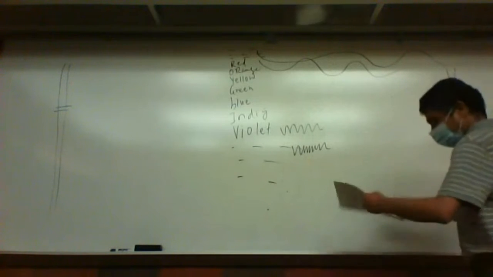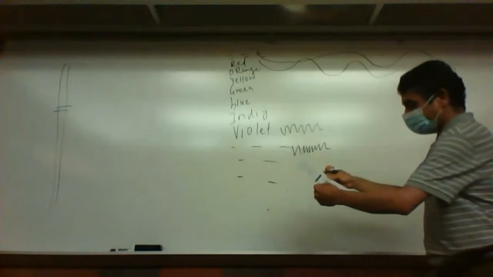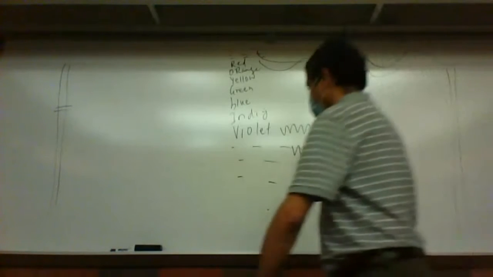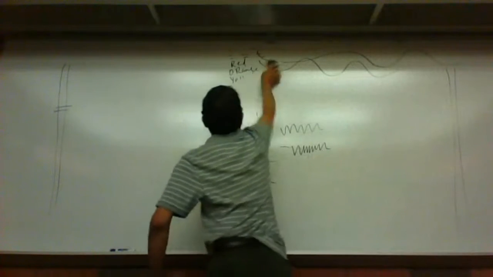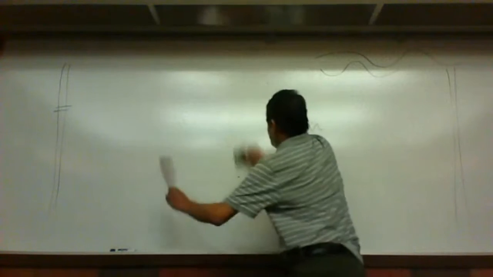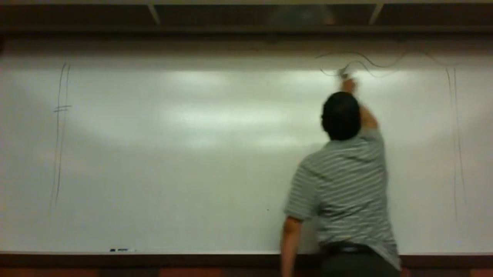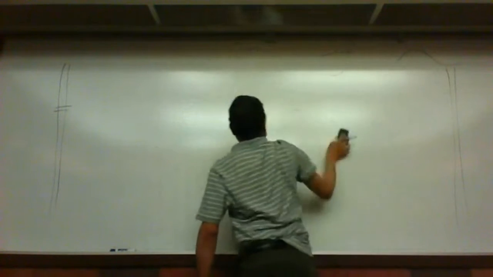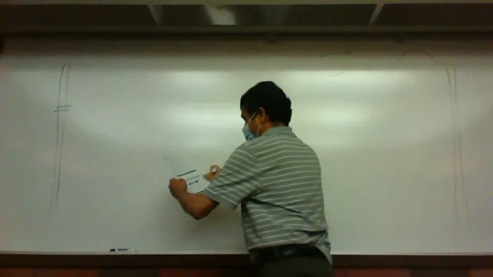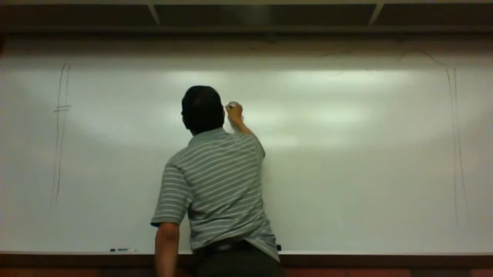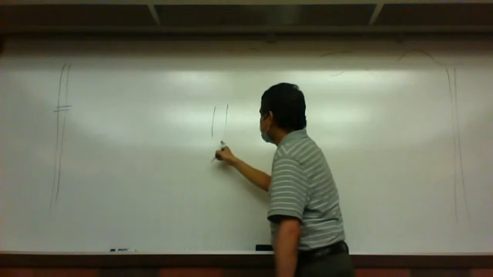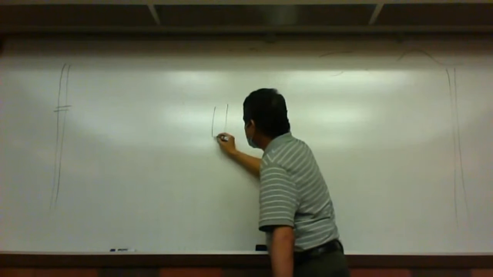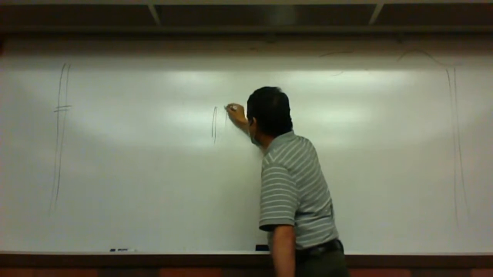If there is a chart here, whatever I just wrote, those 7 lights are here. There is a small region here. Maybe violet is here, maybe red is here.